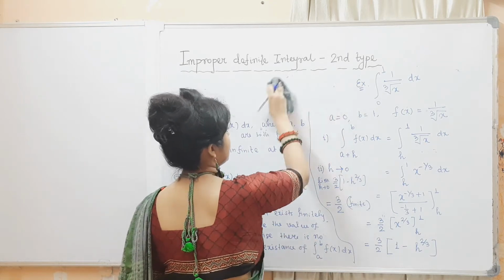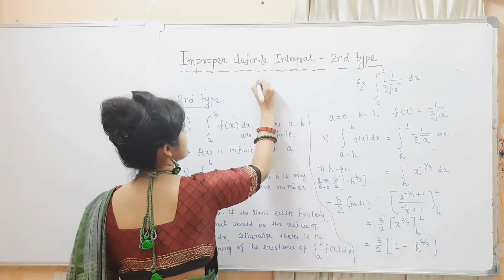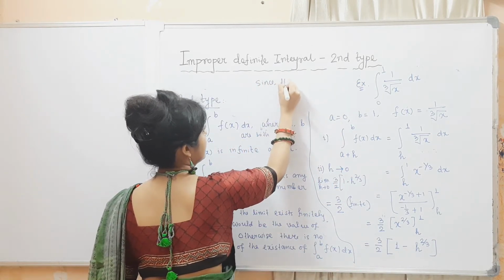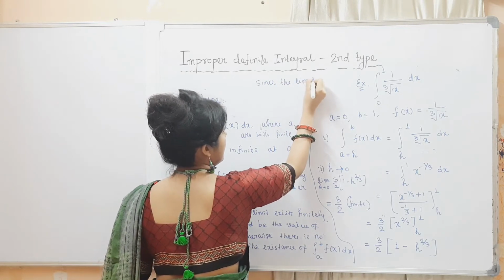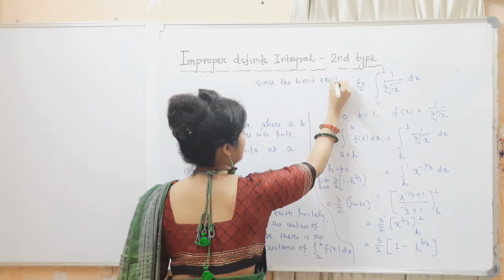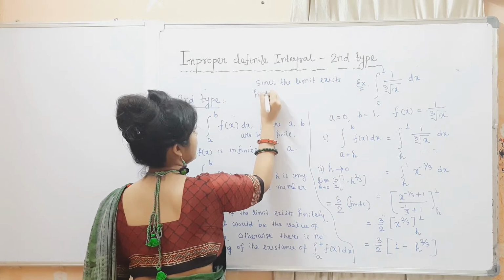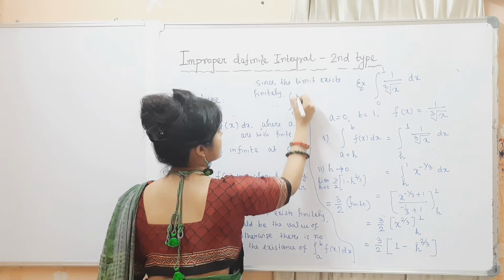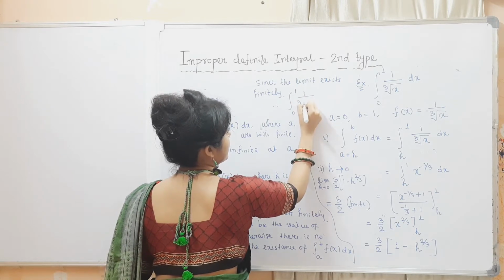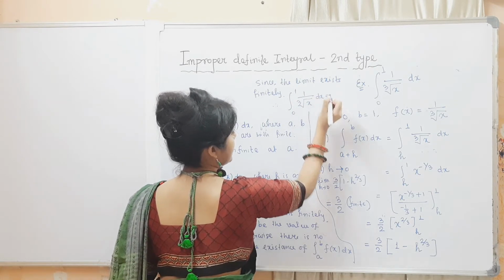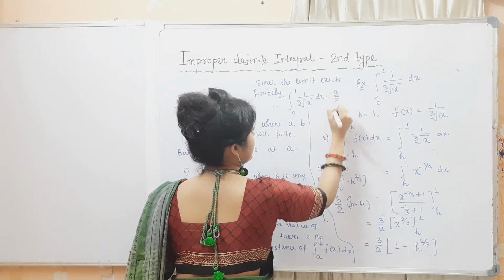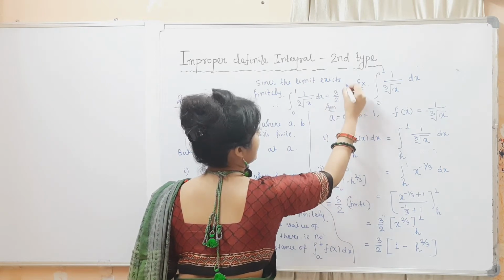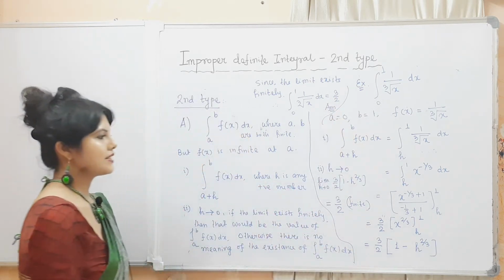I am writing here: since the limit exists finitely, the value of the integration 0 to 1 of 1 by cube root of x dx will be 3 by 2. So this is the answer.